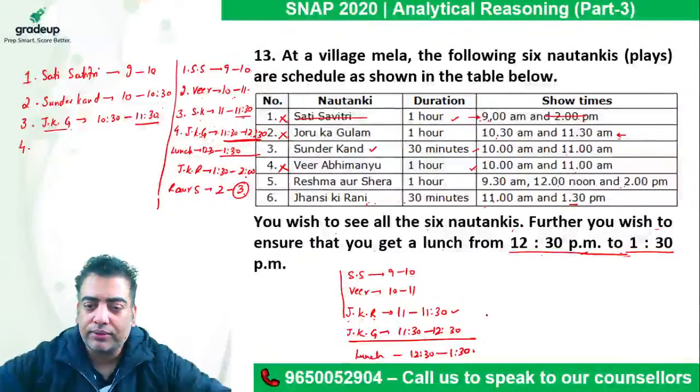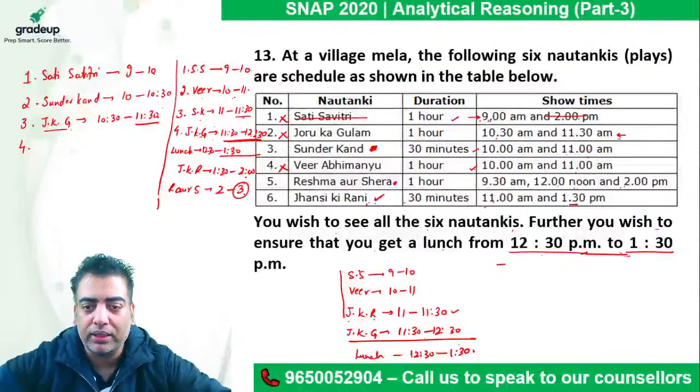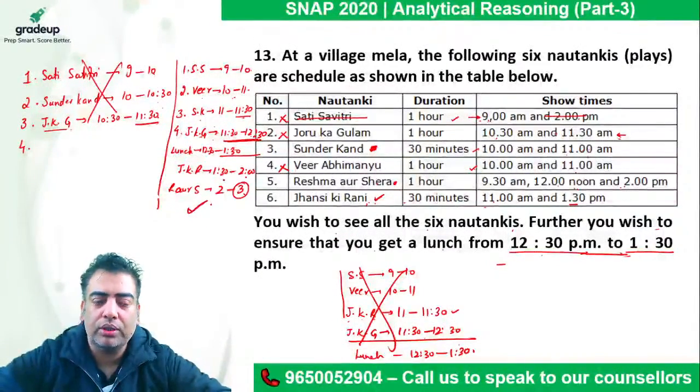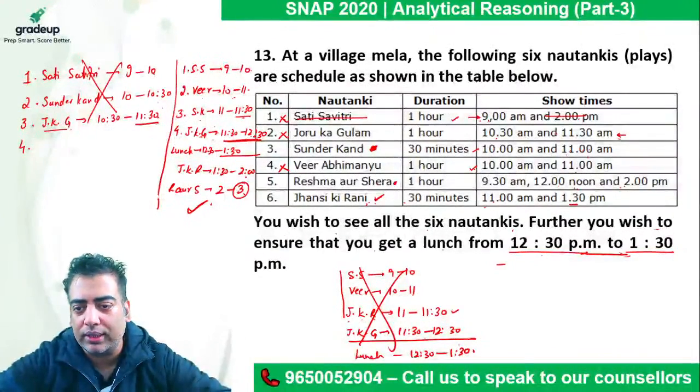In this case, after lunch at 1:30, I have to watch. So Jhansi Ki Rani is used here. Leftover is Sundarkand and Reshma or Shera. So none of the two shows are at 1:30, which means this case is again not possible. So this is the best schedule of the show through which we can watch all 6.